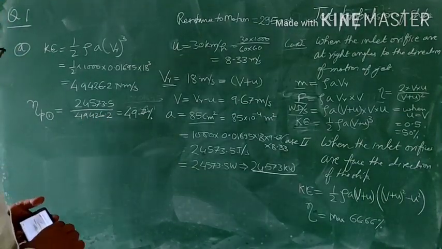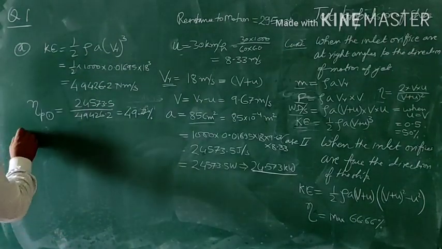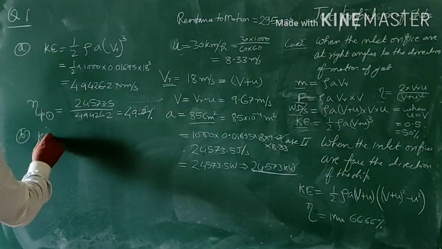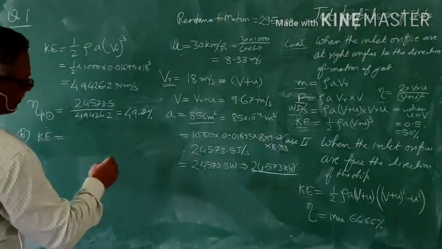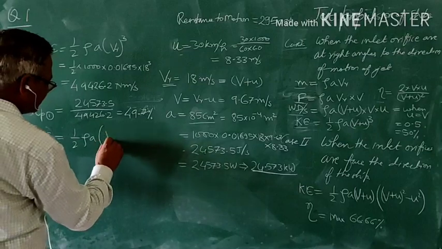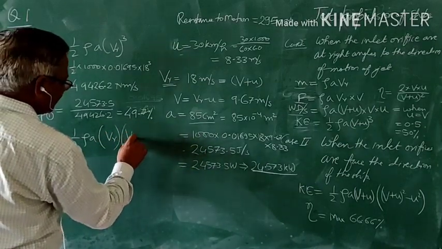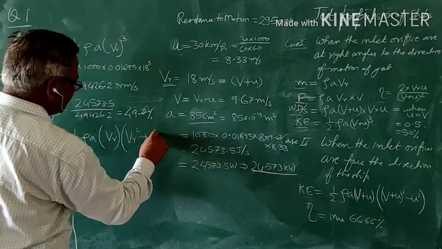Now in case 2, the kinetic energy supplied is given by 1 by 2 rho A (V plus U) multiplied by (VR square minus U square).